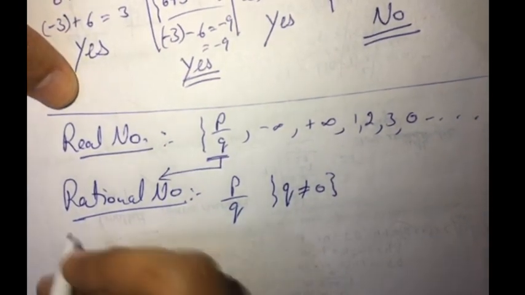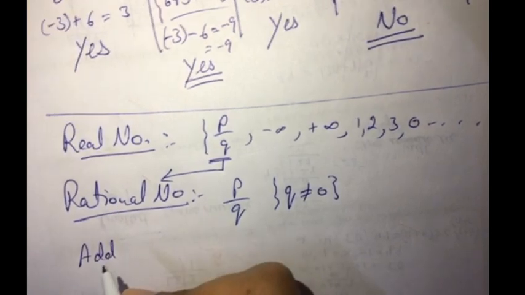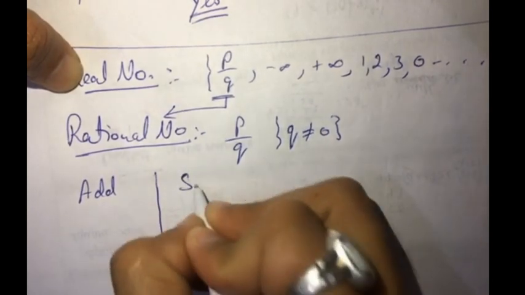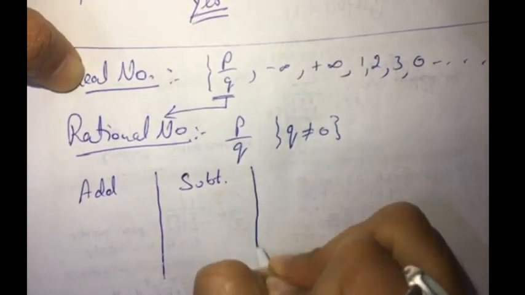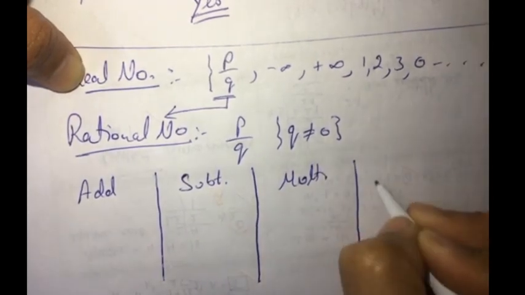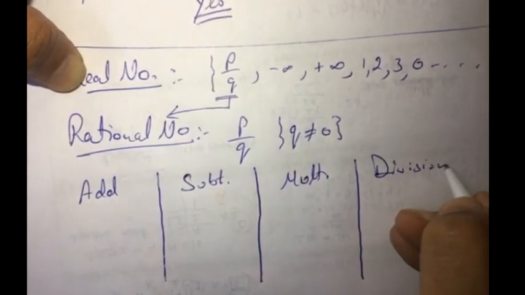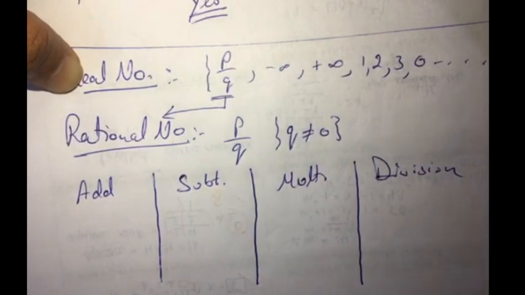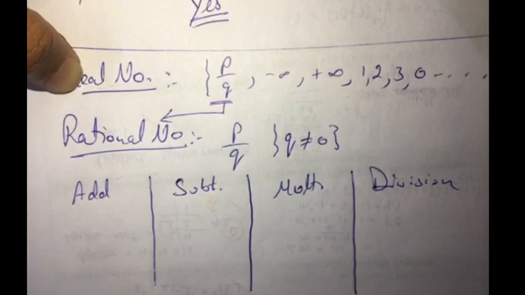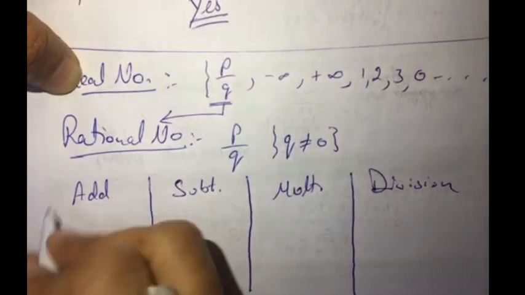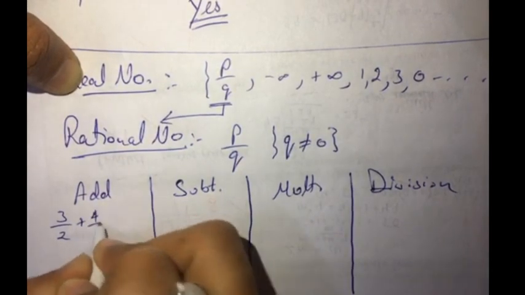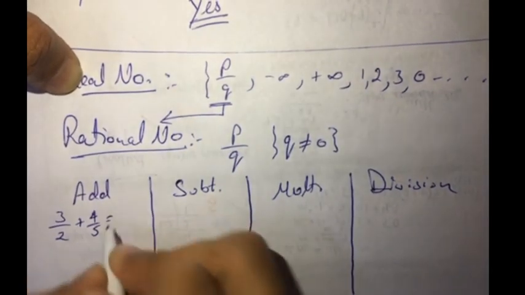So let's see, we have to check it for addition, subtraction, multiplication and division. First let's add. If we add two rational numbers, let's say 3 by 2 plus 4 by 5, what will it give you?